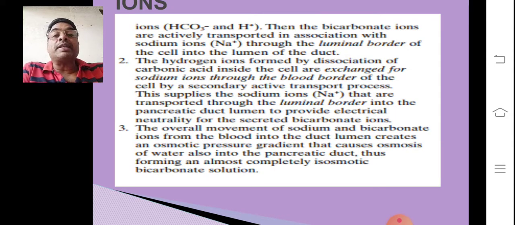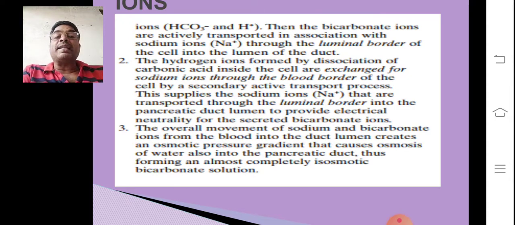Then these bicarbonate ions are actively transported in association with sodium ions through the luminal border of the cells into the lumen of the ducts, where they combine and form sodium bicarbonate.